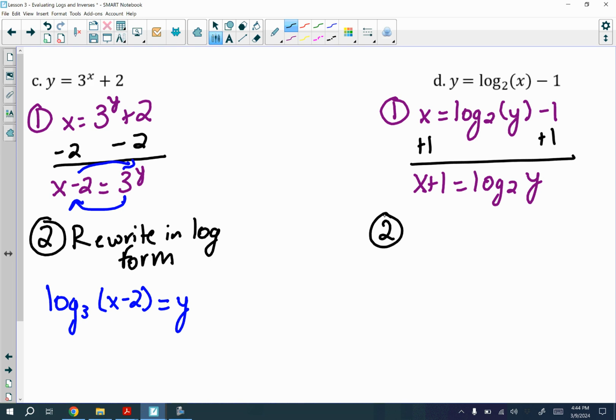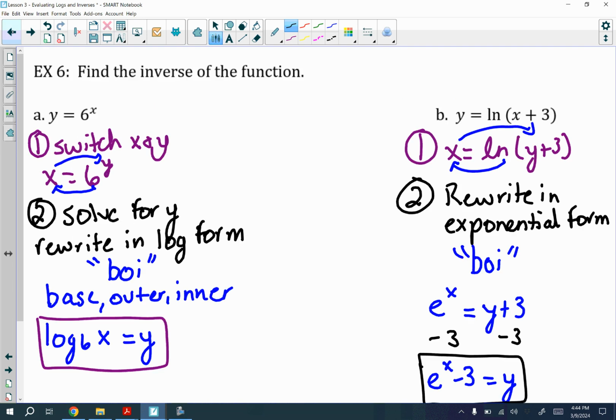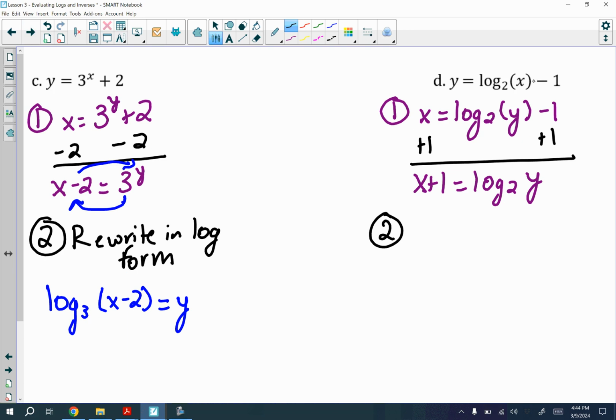So know how this is a little bit different from our B. In our B, the x plus 3 was in parentheses, so I couldn't subtract the 3 because the 3 was with the x. It belongs to the natural log. But if the number is not inside parentheses, like our C and our D here, then we have to move it over first before rewriting it in the other form.